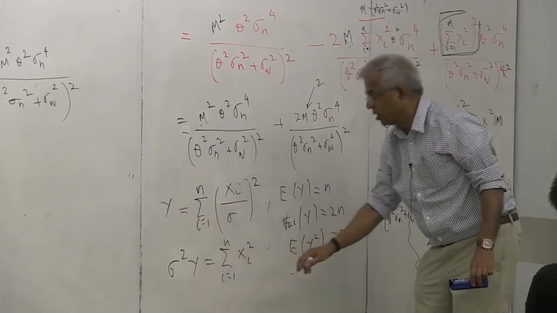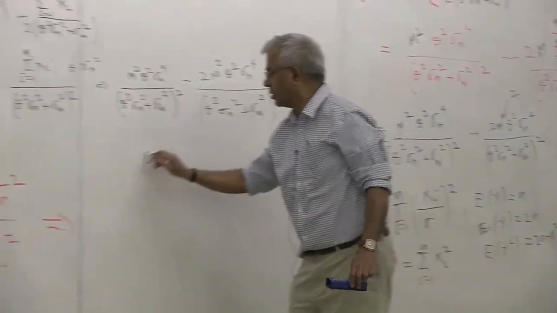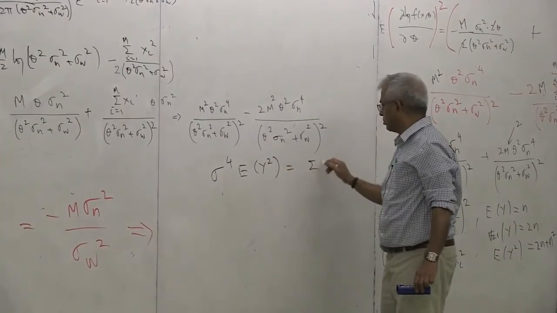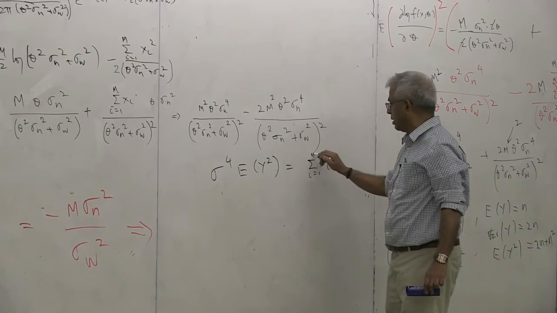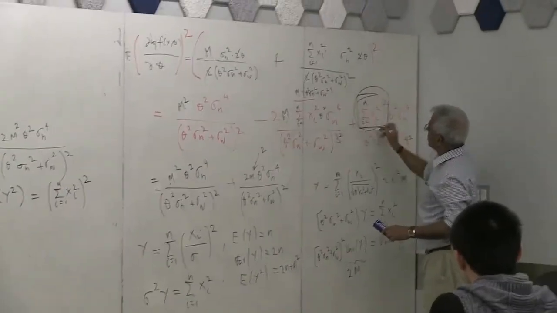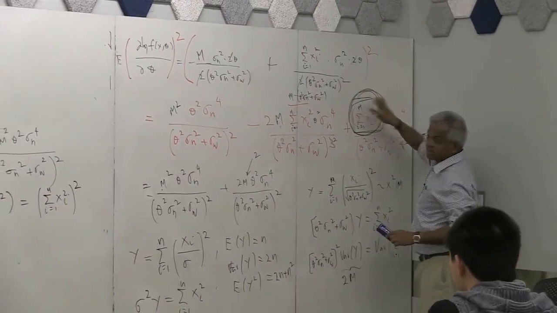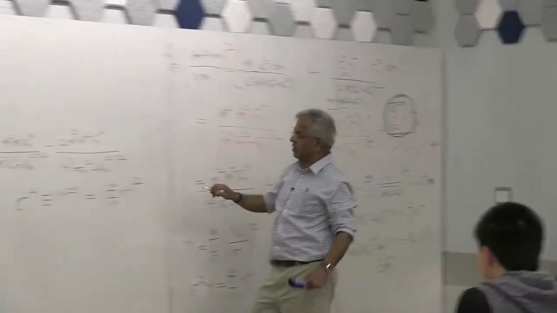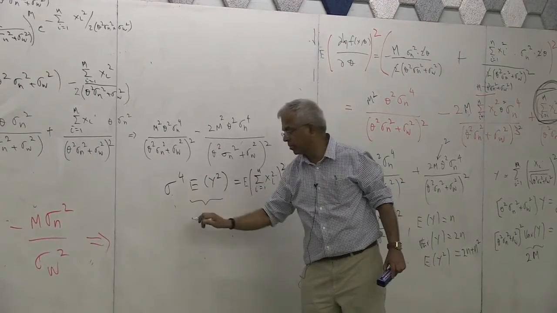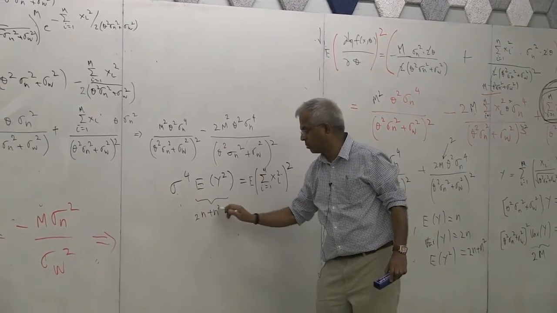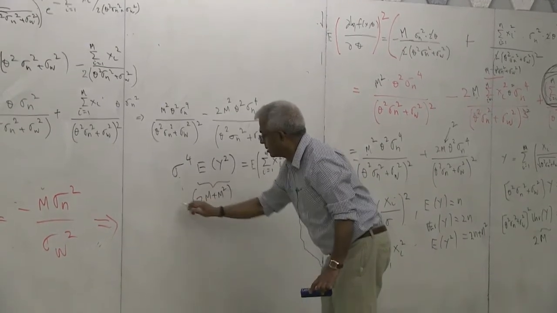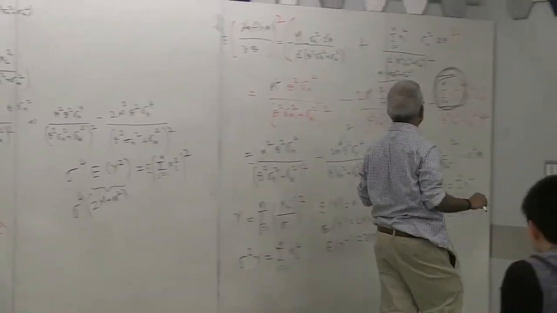Now sigma 4 multiplied by expected value of y squared equals summation xi, i equal to 1 through m, squared, the whole squared. I want the expected value of this, which is the same as expected value of this multiplied by this. We just concluded this is 2m plus m squared multiplied by sigma 4. So I just went wrong here.